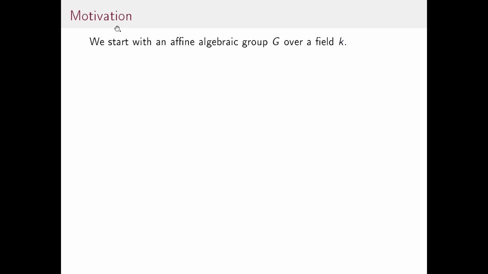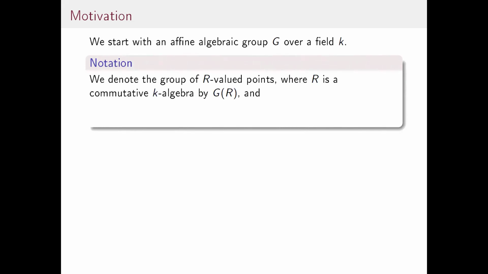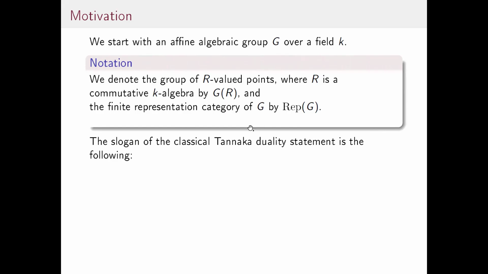Right, so we start off with some motivation. We start off with an affine algebraic group G over some field K, and here's some typical notation. This is my R-valued points, and this is the finite representation category.